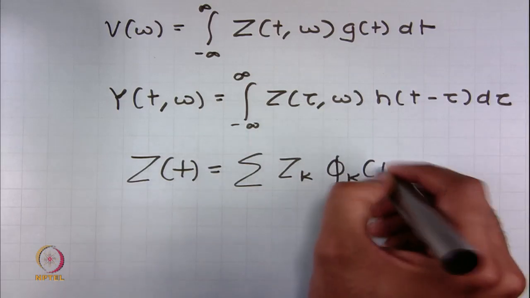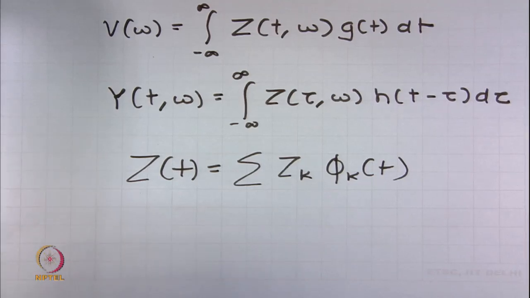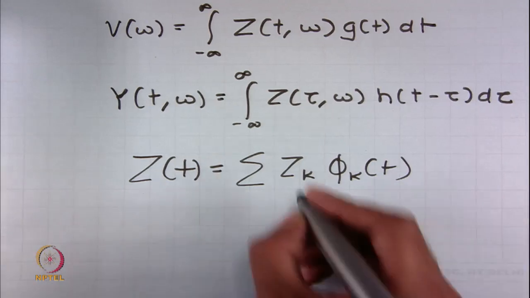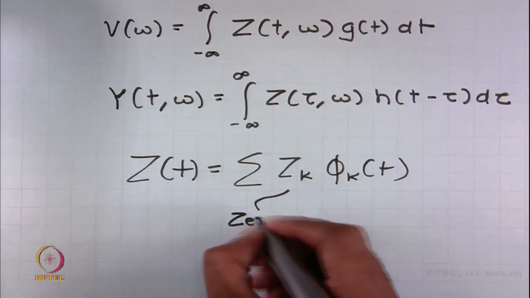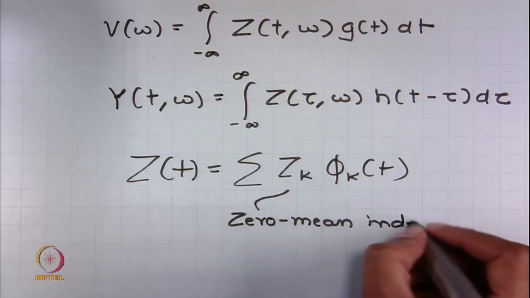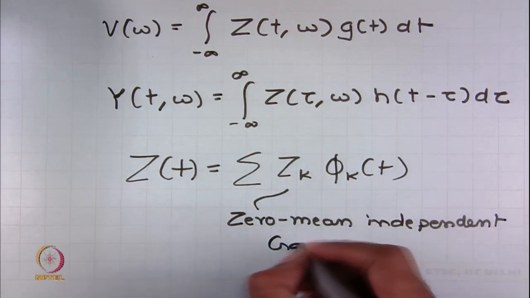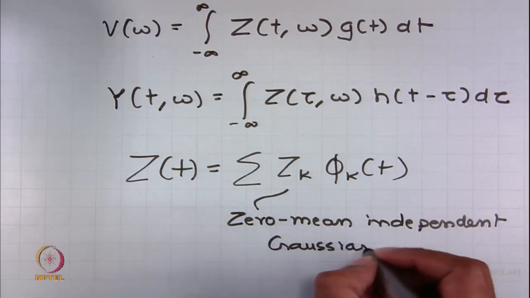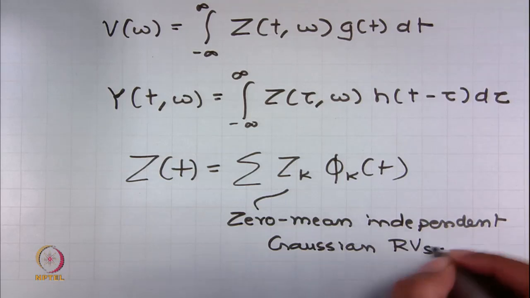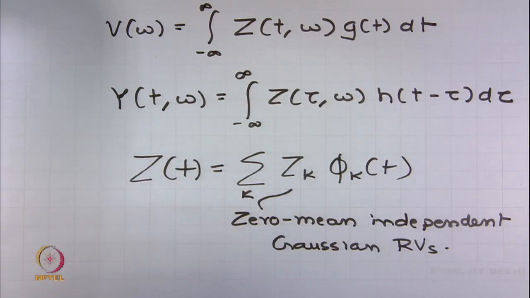So, I can consider a random process which is expressed in terms of orthogonal functions, and the coefficients of these orthogonal functions are nothing but 0 mean, independent, Gaussian random variables.